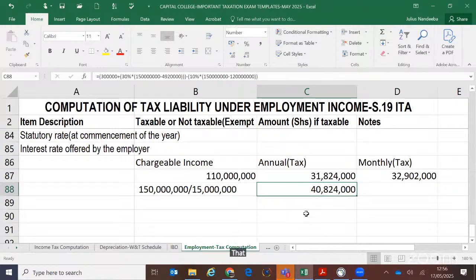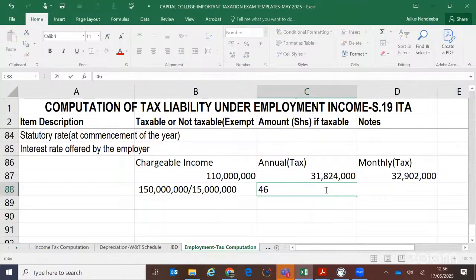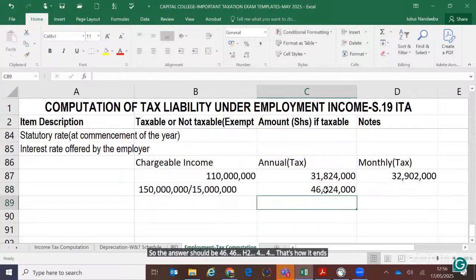That gives me that plus 300,000. Then plus 150 minus 120, that is 30 times 10%, that becomes 3 million. So the answer should be 46,824,000. Is that correct? So what did you get? Guy, you're too sharp.